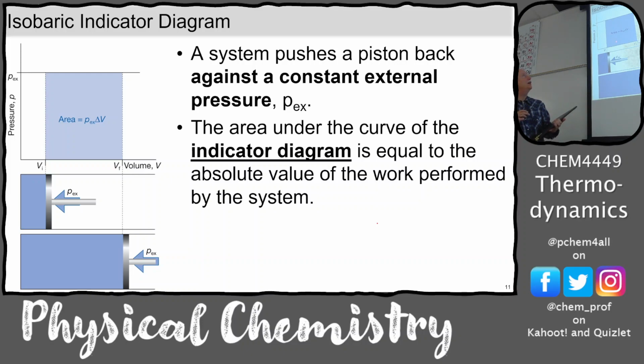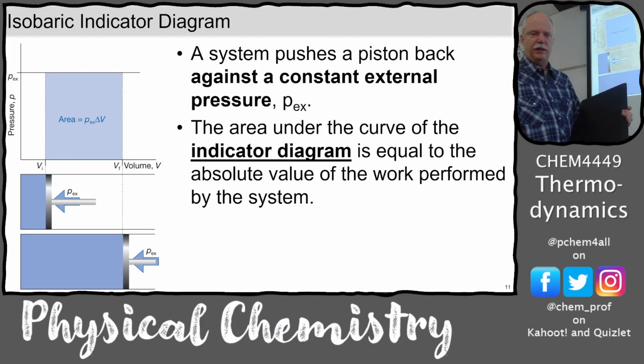So this area here is proportional to the work done by the system. So if you sweep out a longer stroke, then you have more work. If you work against a higher external pressure, then you have more work. And that's why diesel engines are more efficient than gasoline engines, because they operate at a higher pressure. And so that's one of the advantages of a diesel engine.